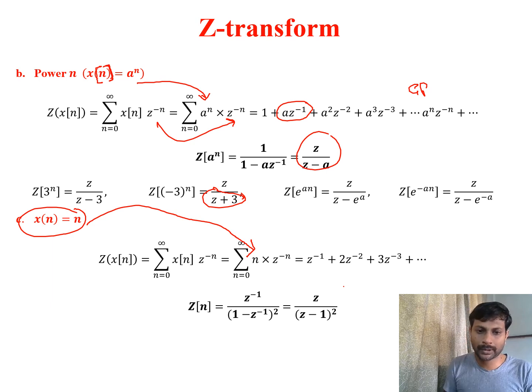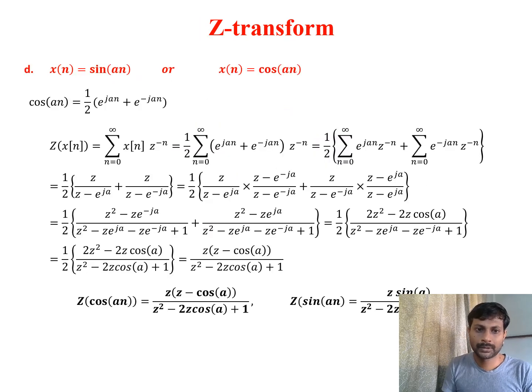To simplify, we can write z to the power minus 1 into 1 by (z minus 1) whole square, that is z by (z minus 1) whole square.